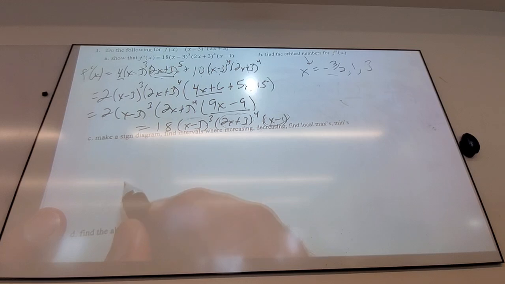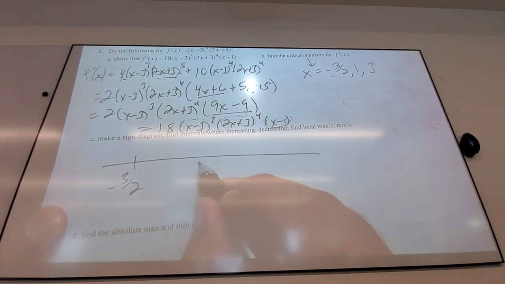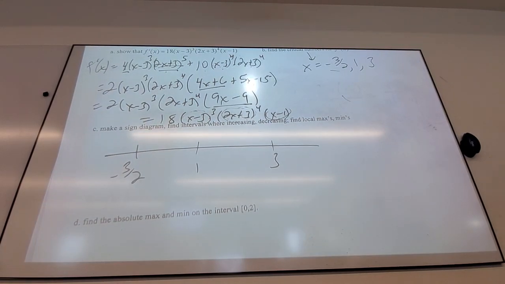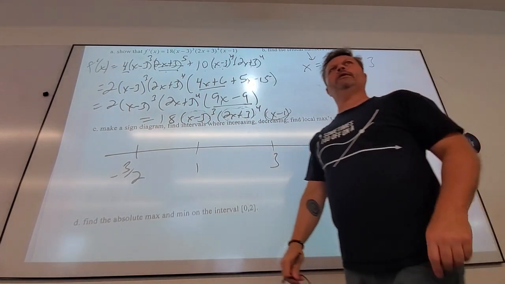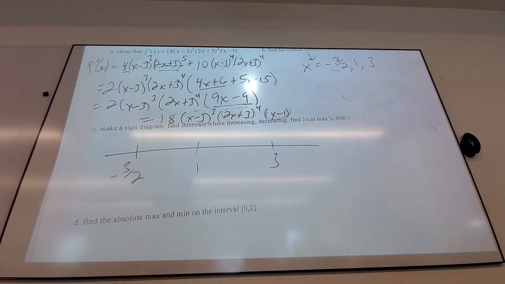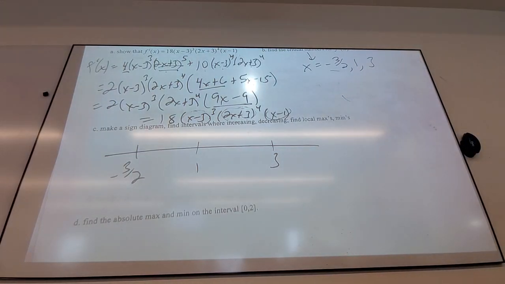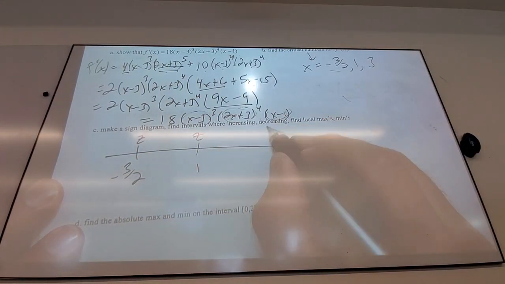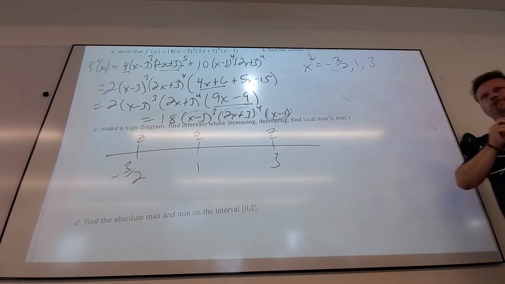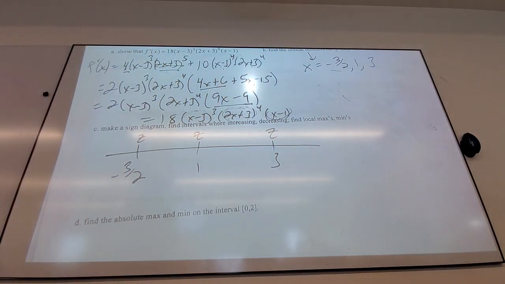So then I make a sign diagram, and I put them in order, dear God. I'll very often have somebody not put them in the right order. I'm like, oh, okay, that's a problem. And over on top of them all, I would put a z, because they each make the derivative 0. You guys fill that in whichever way you want to.